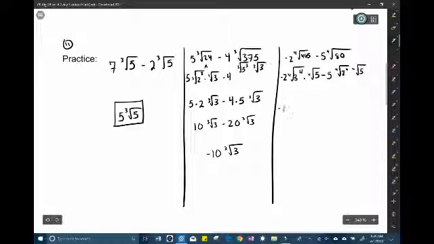Okay, negative 2 times 3, 4th roots of 5, minus 5 times 2, 4th roots of 5, and that's negative 6, 4th roots of 5, minus 10, 4th roots of 5, or negative 16, 4th roots of 5.